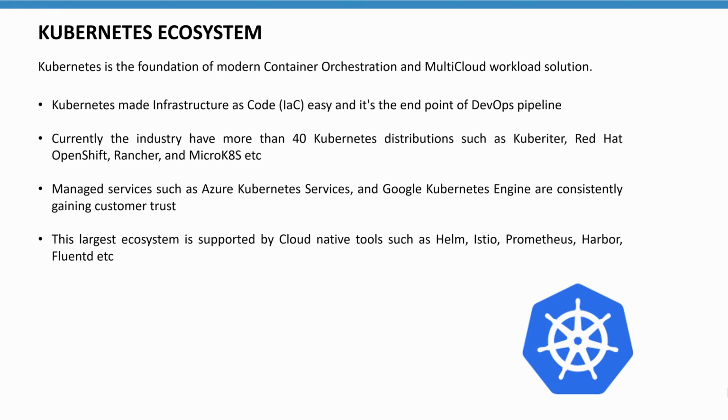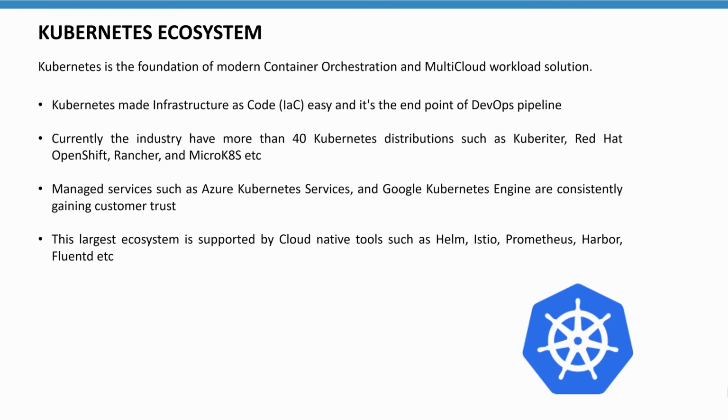Kubernetes Ecosystem. Kubernetes is the foundation of modern container orchestration and multi-cloud workload solutions. It made infrastructure as code possible. Currently, the industry has more than 40 Kubernetes distributions, such as KubeWriter, Red Hat OpenShift, Rancher, and MicroK8s.